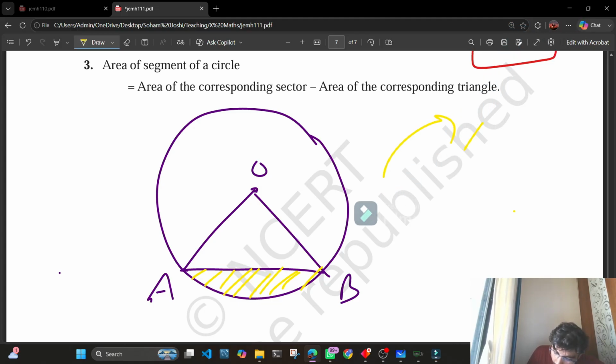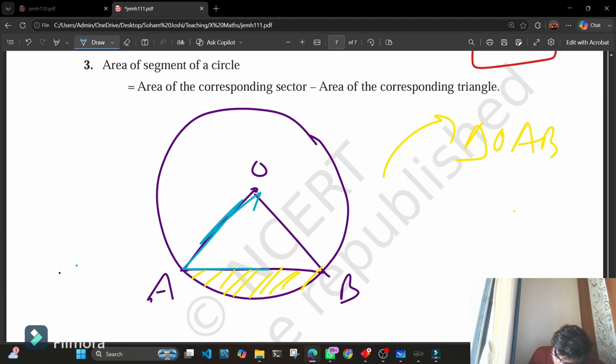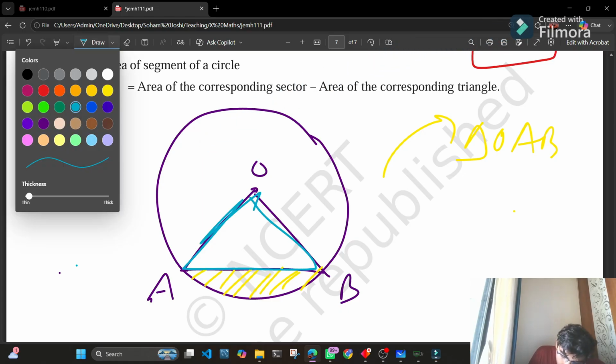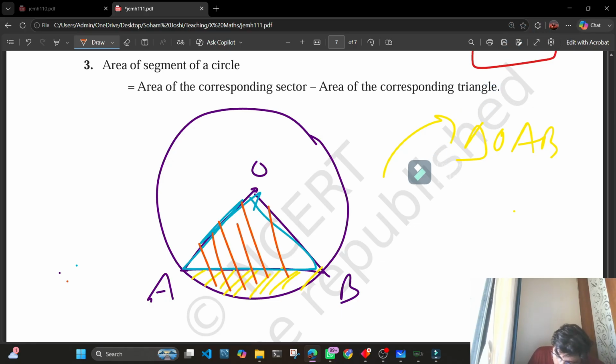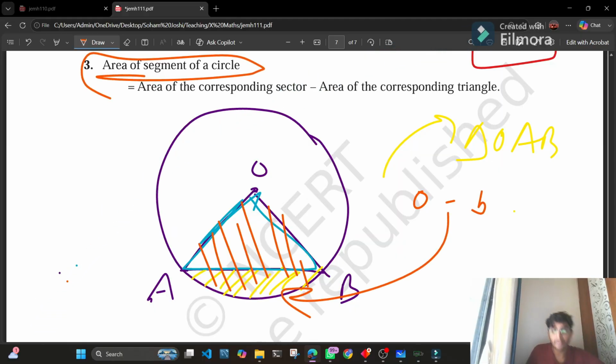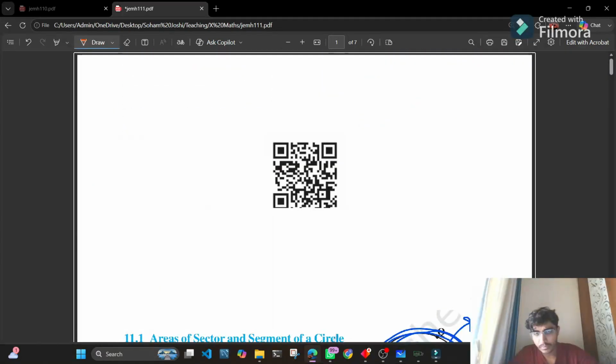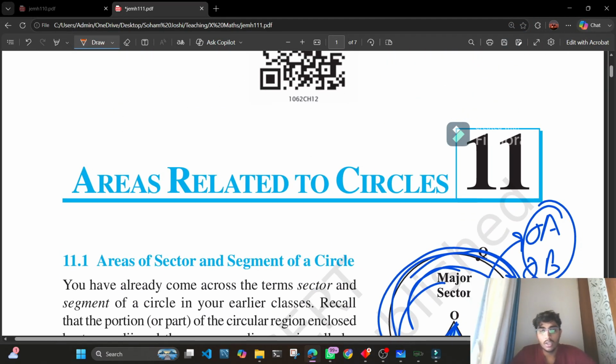So the triangle over here is triangle OAB, and the corresponding sector can be given by the orange part. So just subtracting the orange part from the blue part, we get the yellow part, that is the area of the segment of a circle.